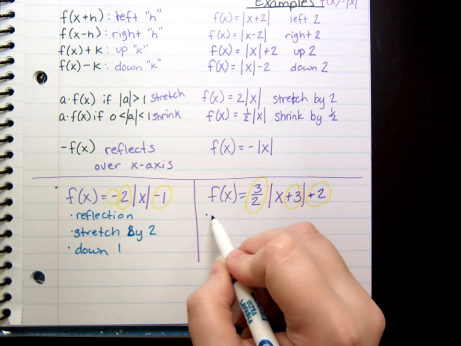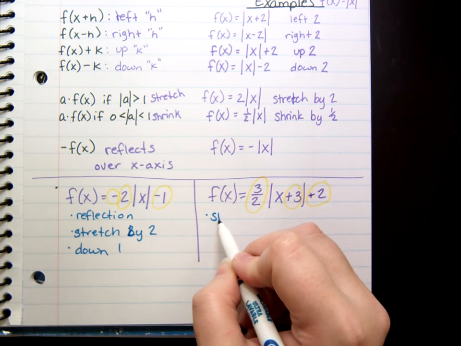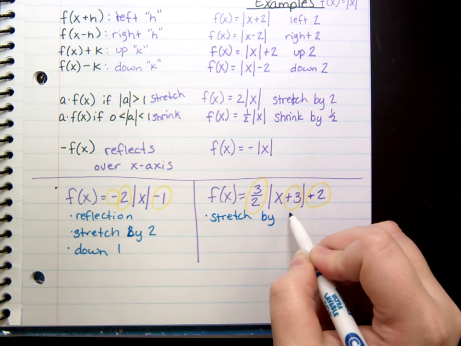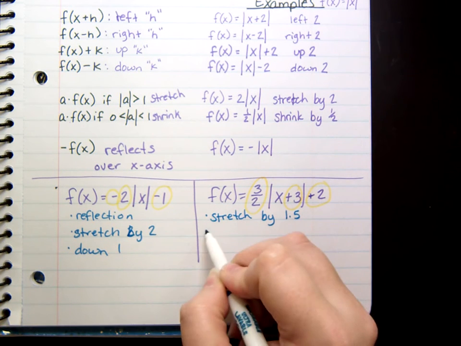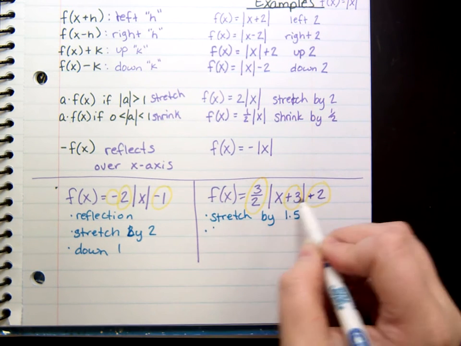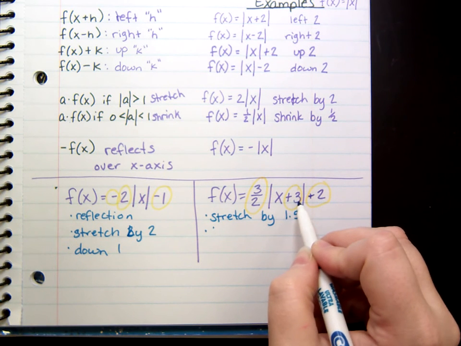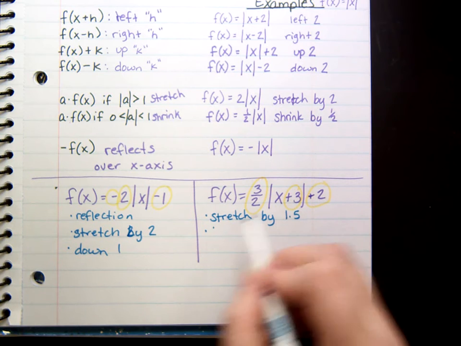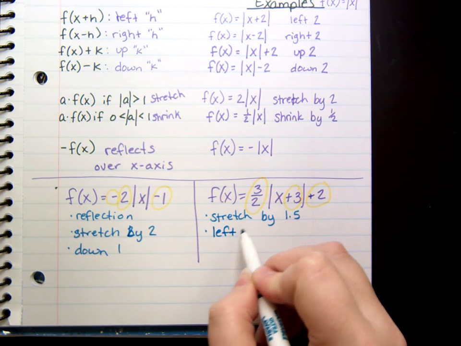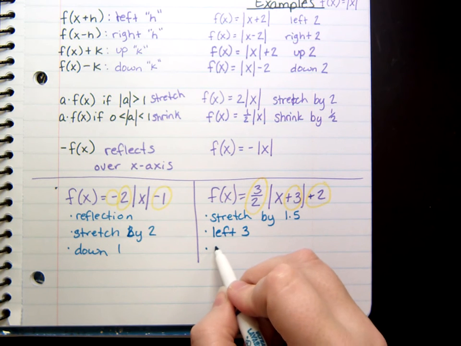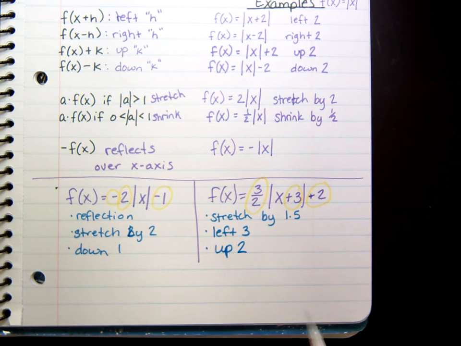So that is a vertical stretch by a factor of 3/2, or 1.5. The plus 3, well, inside changes are opposite what we'd think, so instead of going right 3, because inside is horizontal, it actually moves left 3. And then plus 2, outside changes move it vertically exactly the direction you would think, so that's up 2.